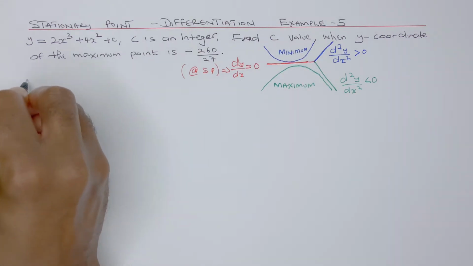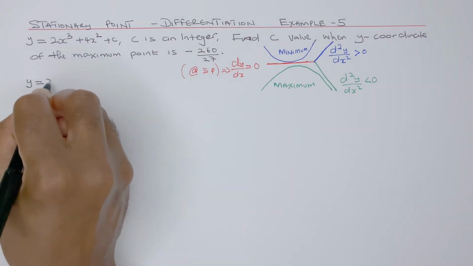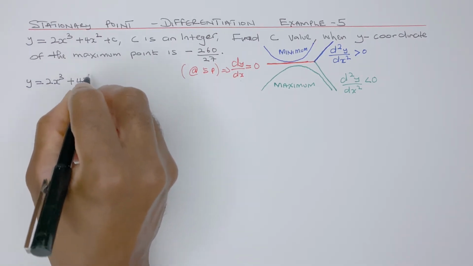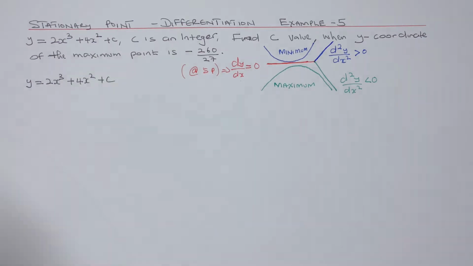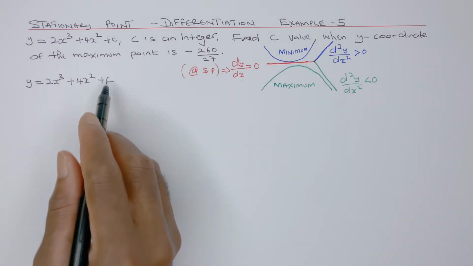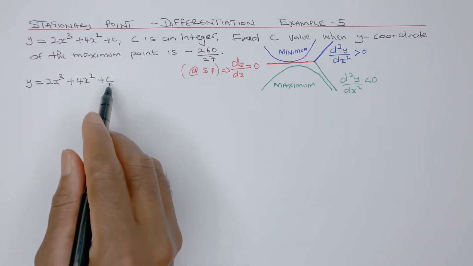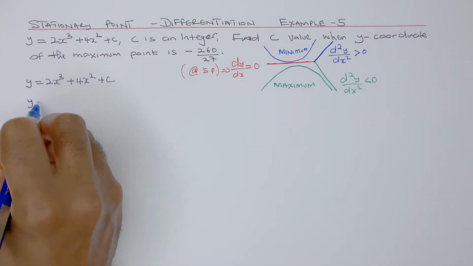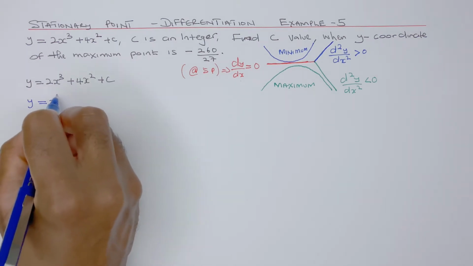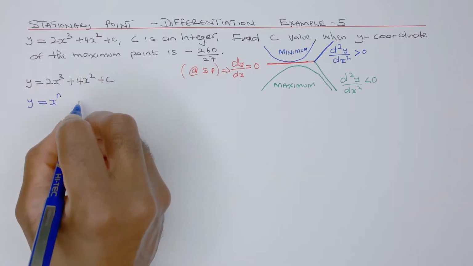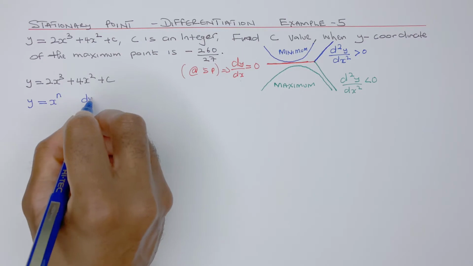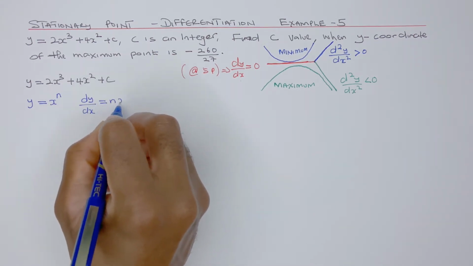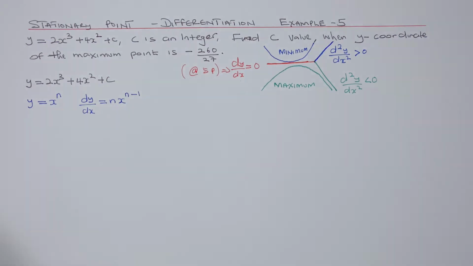We've got the function y equals 2x cubed plus 4x squared plus c. We know that c can be a negative number, a positive number, or 0. Whenever we're doing differentiation, we must have our function in the form of x to the power of n. Then we can apply dy/dx, which will be n x to the power n minus 1.